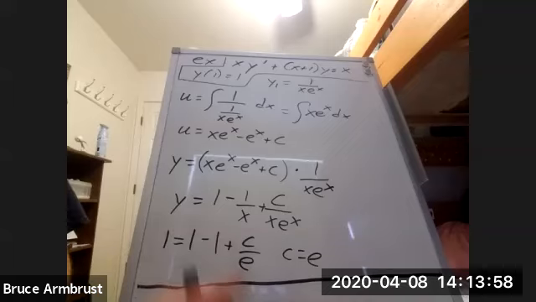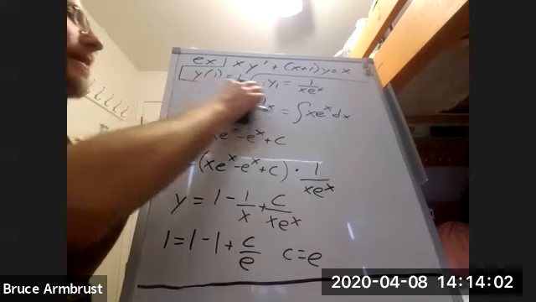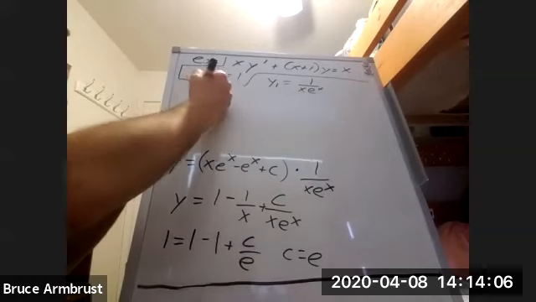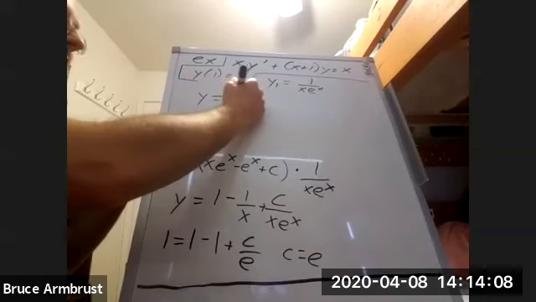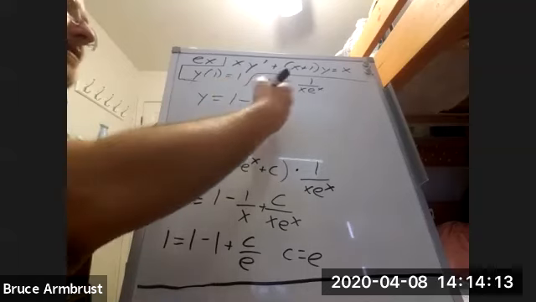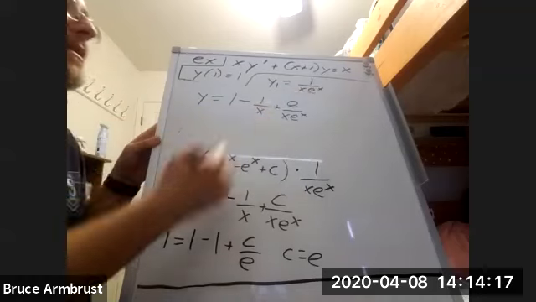So we put that back in, and I'll write it up here at the top again. We've got y equals 1 minus 1 over x plus e over x e to the x.